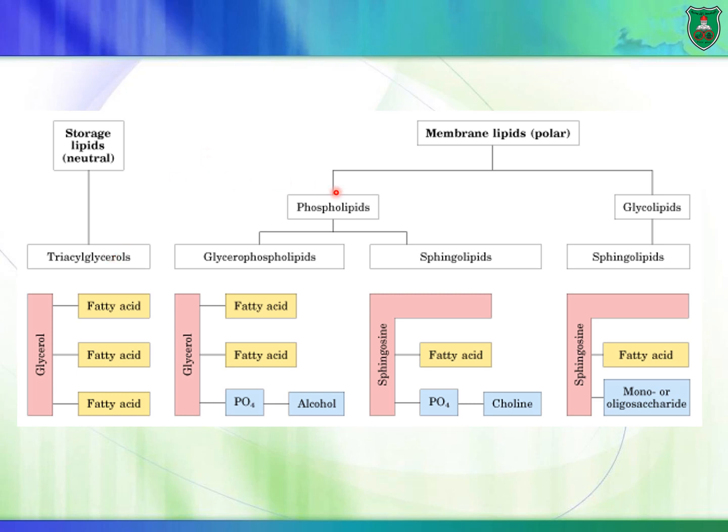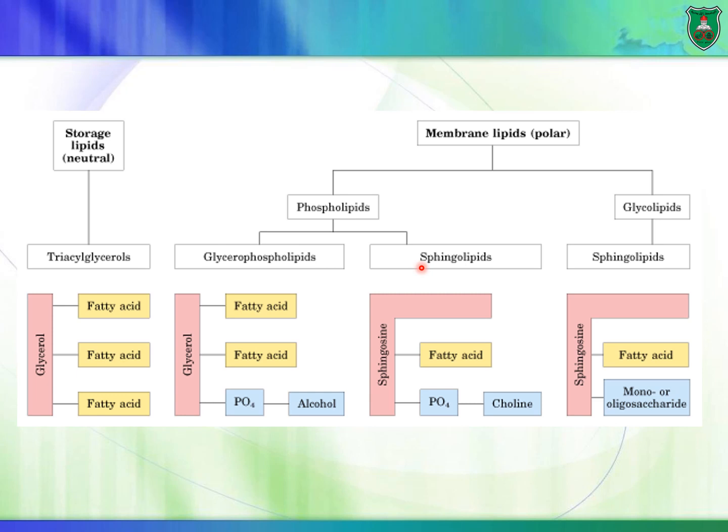Now, we also have other types of lipids that are primarily localized in or make up membranes. And these can be classified into two types. We have phospholipids and glycolipids. Now, these phospholipids are of two types. We have glycerophospholipids and we have sphingolipids.